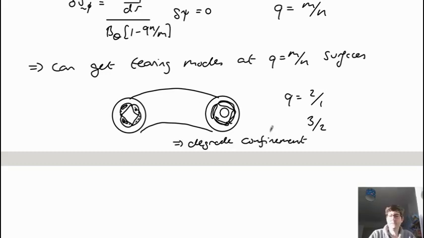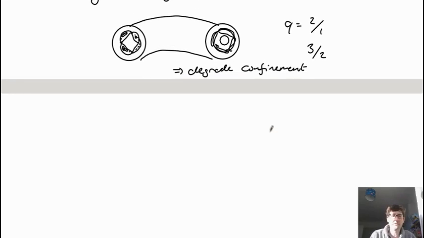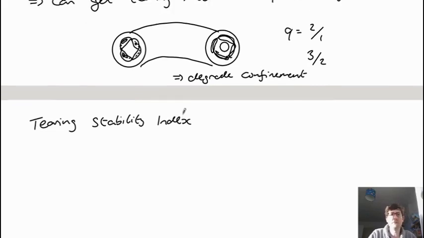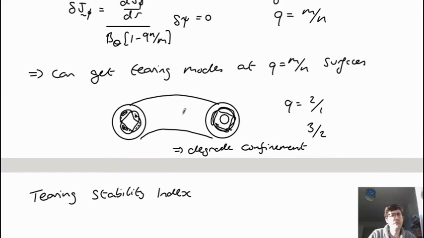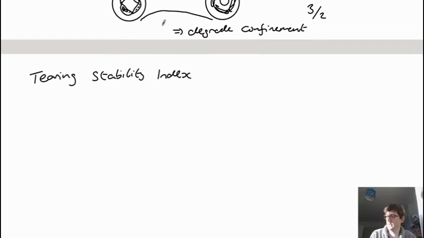Now the stability of these tearing modes is determined by something called the tearing stability index, and it's actually related to this current sheet. So this current here gives a jump in delta psi from one side of the island to the other, and that in turn can be related to the delta W equation.